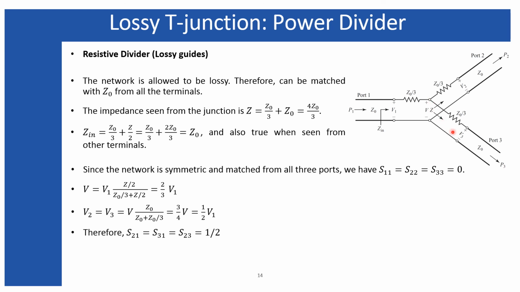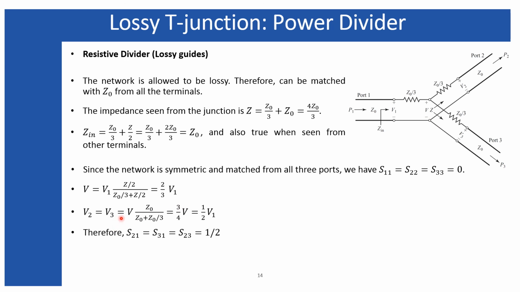V2 and V3 will be the same because they are reciprocal, and they can be derived from the voltage available at this junction.